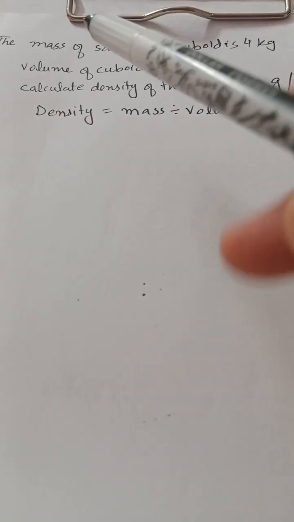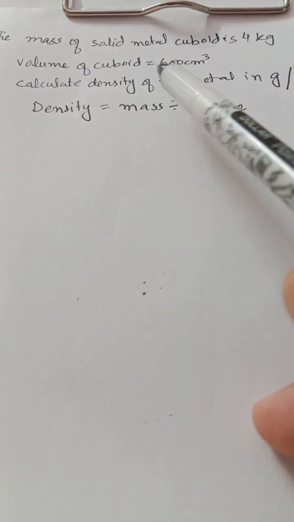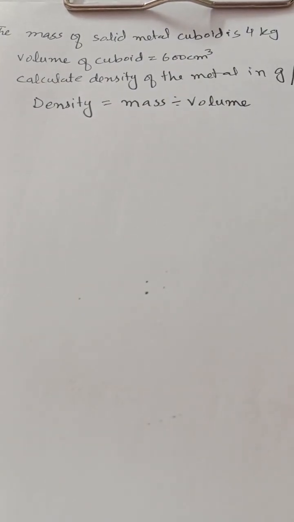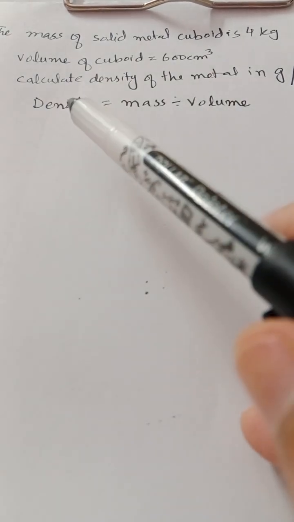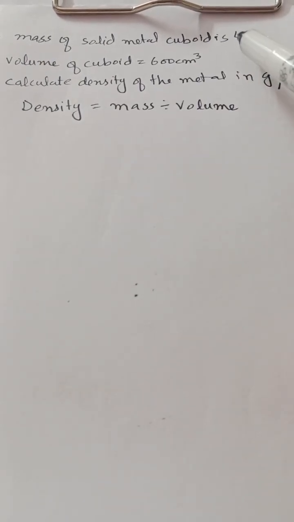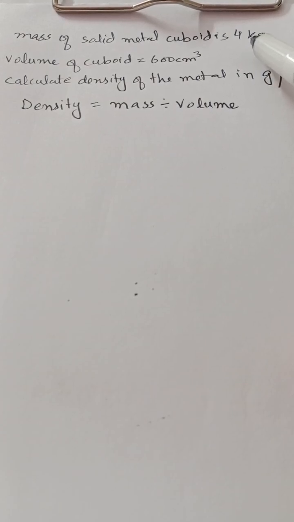Question number 6. The mass of a solid metal cuboid is 4 kg. The volume of the cuboid is 600 centimeter cube, and we have to calculate the density of the metal in grams per centimeter cube. And we know that density is equal to mass divided by volume. That is the formula. We can see that the mass of the solid metal cuboid is in kg.